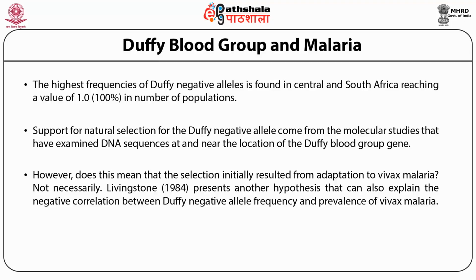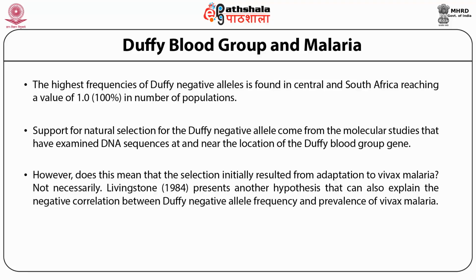Livingstone in 1984 presented another hypothesis that can also explain the negative correlation between Duffy negative allele frequency and prevalence of vivax malaria. He suggests that there was already a high frequency of the Duffy negative allele in some populations because of some other diseases. Consequently, these populations were already resistant to vivax malaria when it spread into Africa.